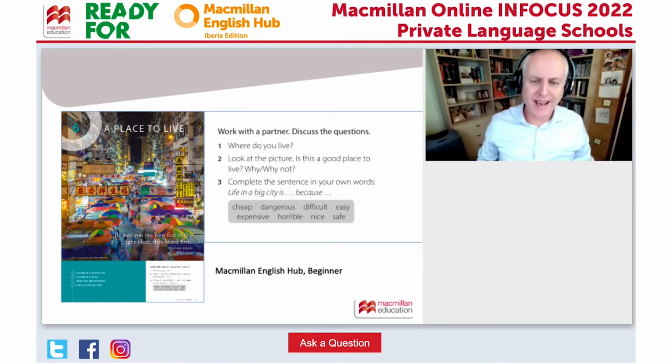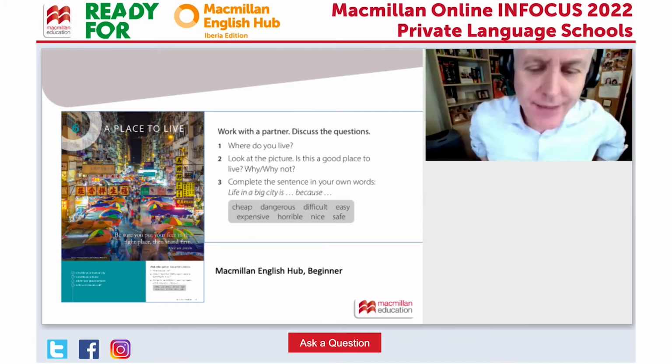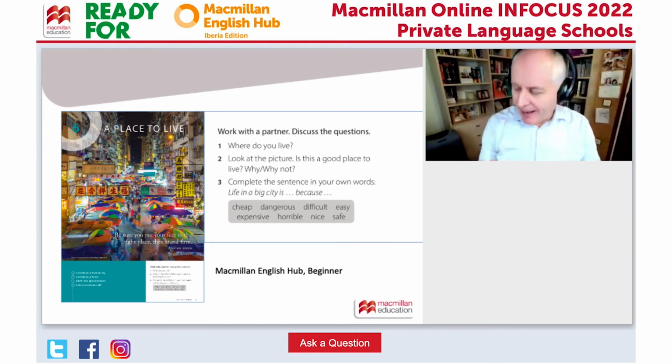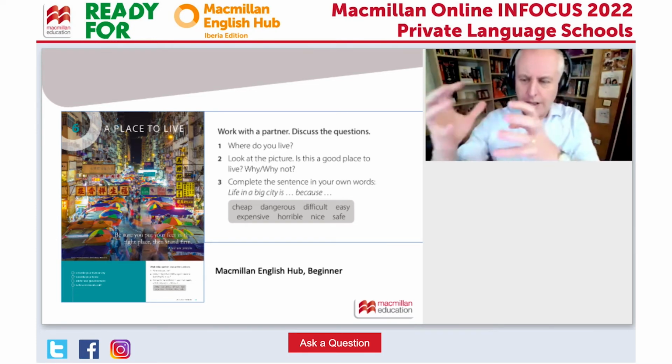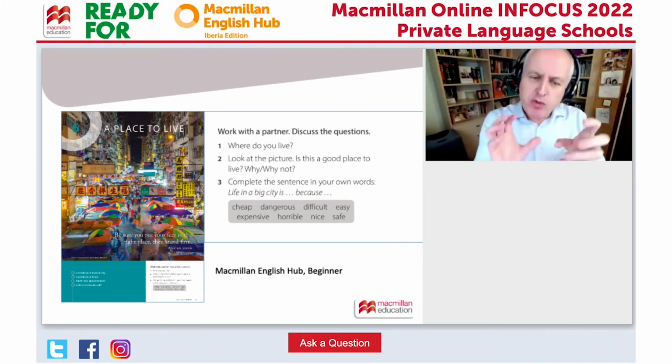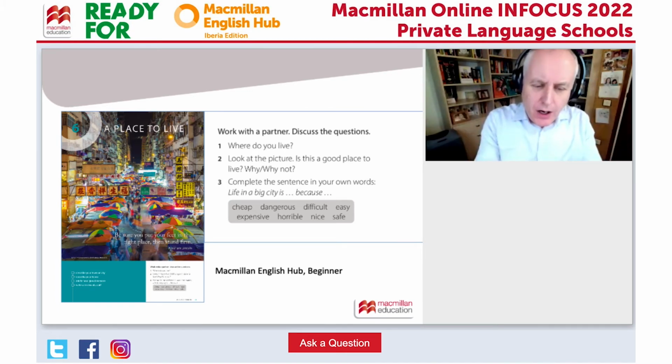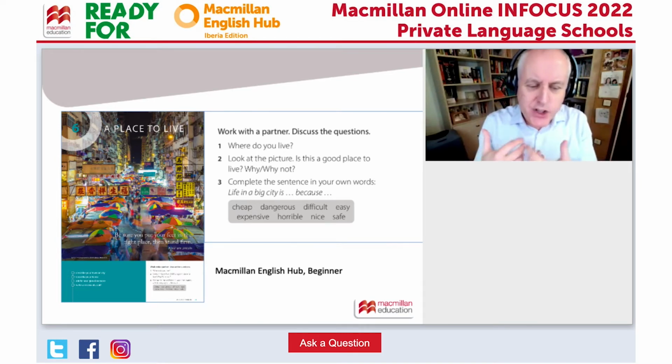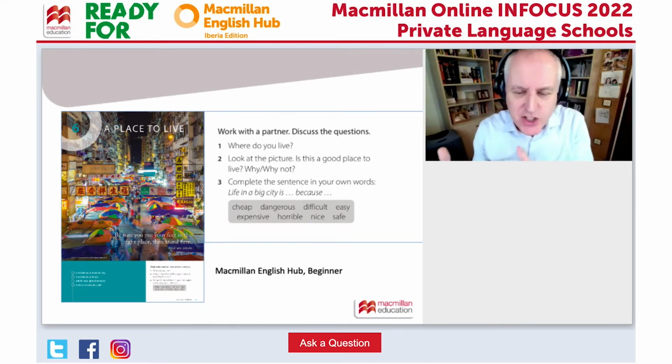So in the opening page, the first page of each unit, we have a spectacular, eye-catching image, which is related to the topic of the unit, and in some ways the image is related to the outcomes.